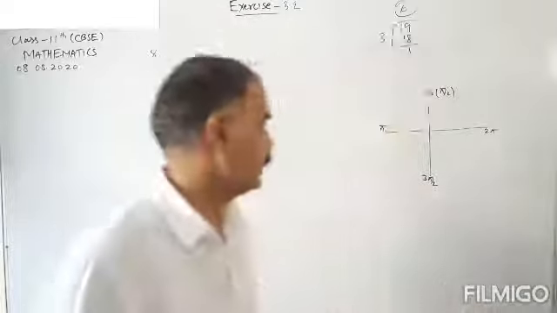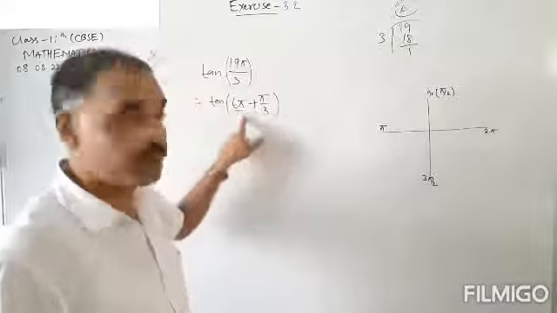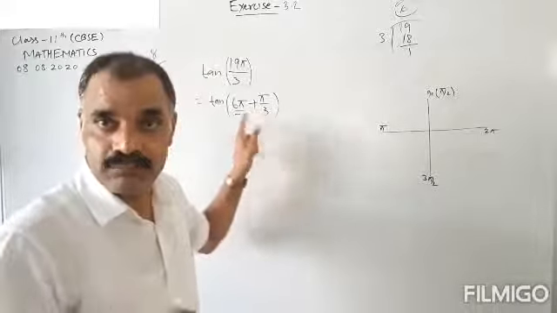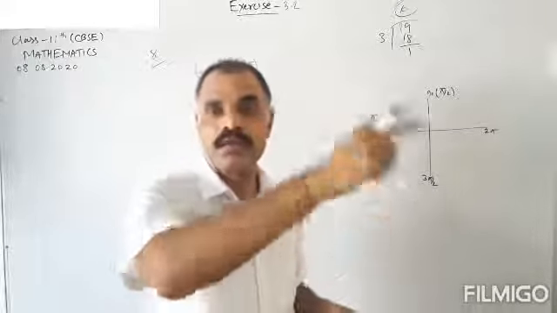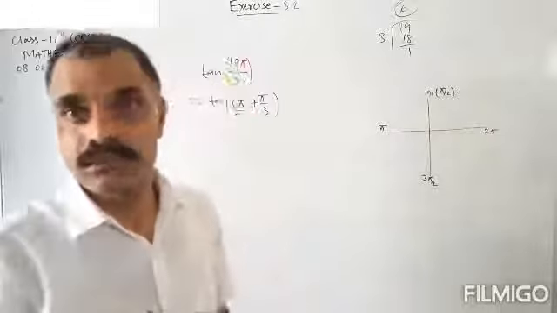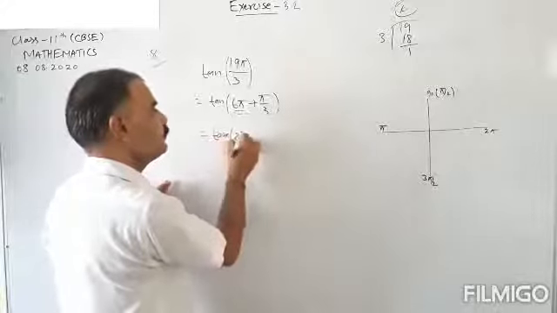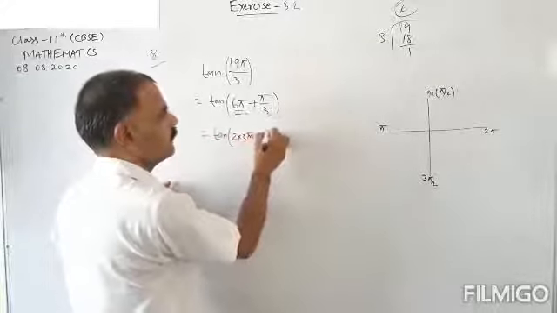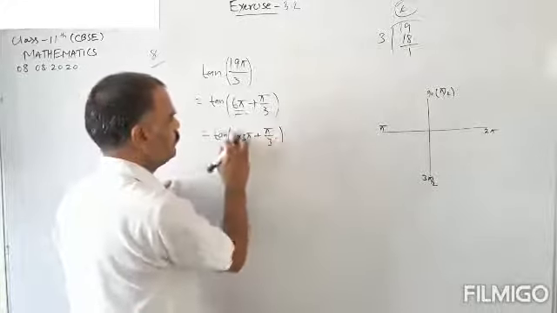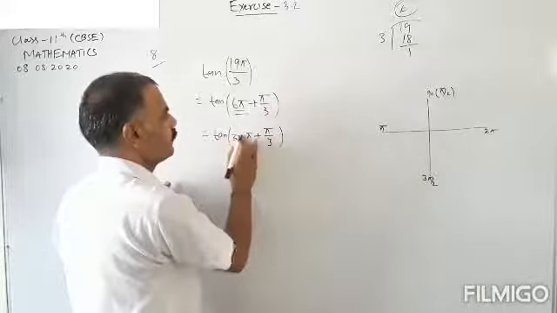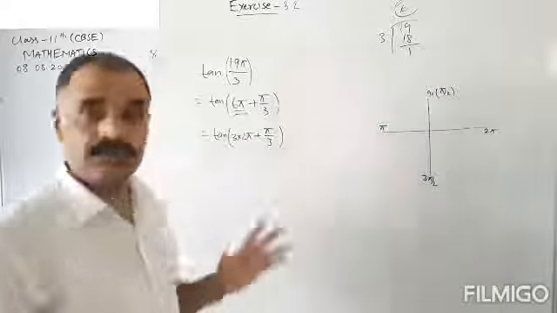Now let us see. Positive 6 pi means anti-clockwise direction. This can also be written as 3 into 2 pi plus pi by 3. Why 2 pi?